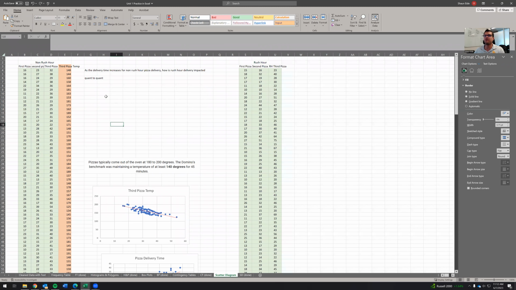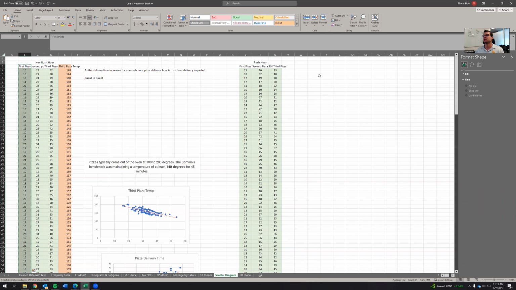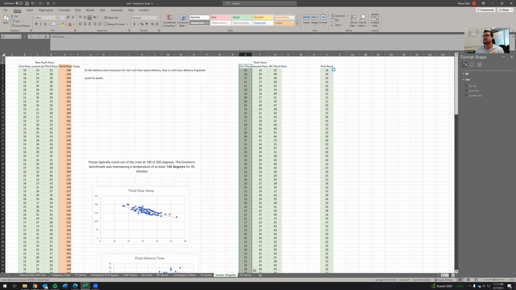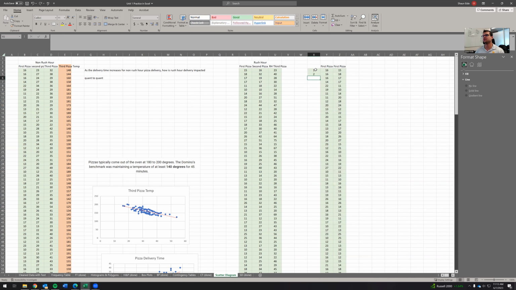What I have right here is the delivery time for the first pizza for non-rush hour, and the delivery time for the first pizza for rush hour. Now, these are in order, like, for instance, this is 1, 2, 3, 4. This is the first pizza of the non-rush hour. This is the first pizza of the rush hour.